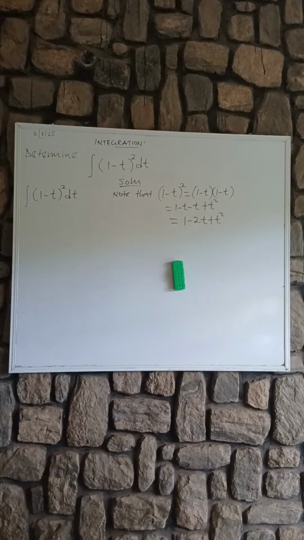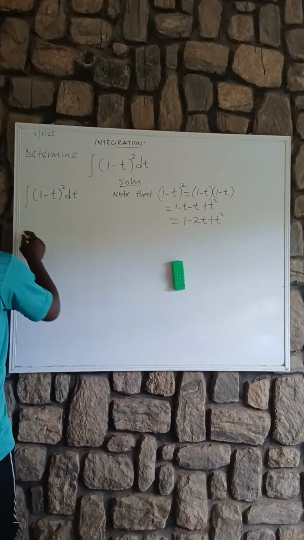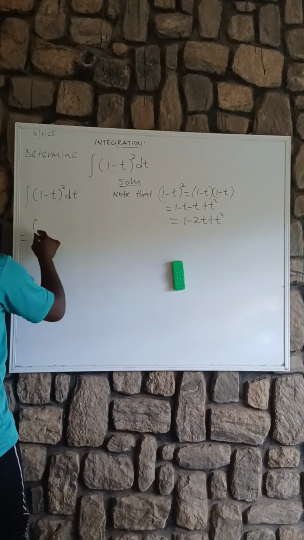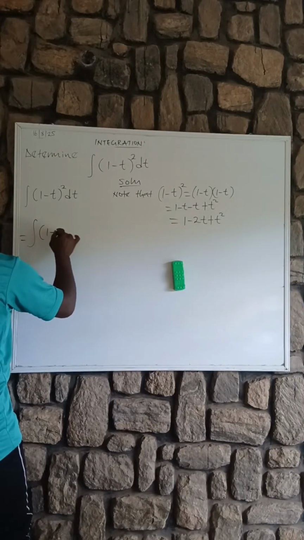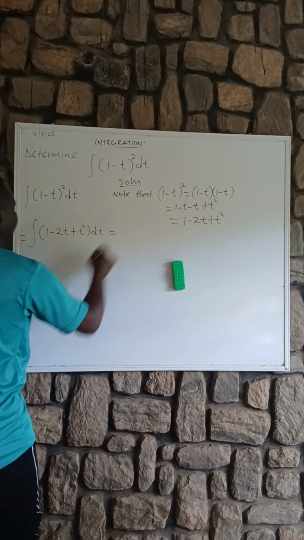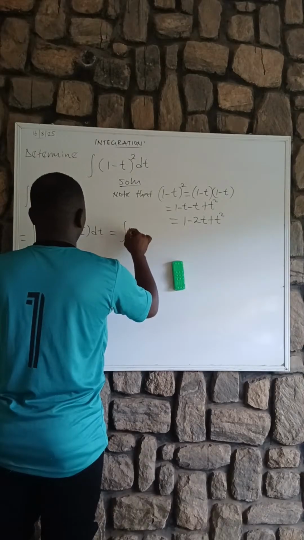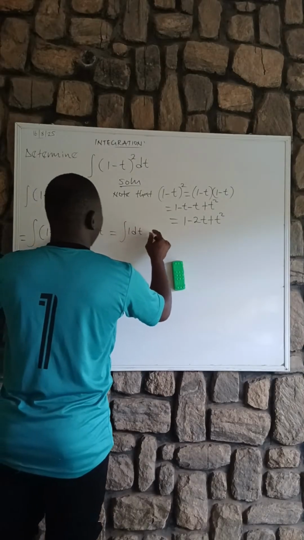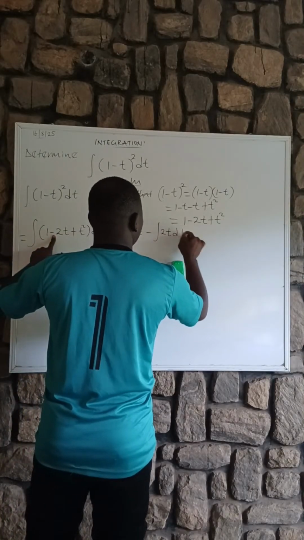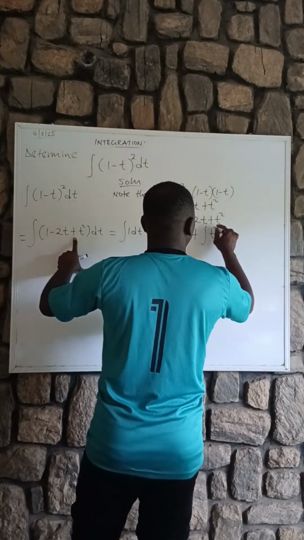Okay. So if you agree with me, this implies that instead of this, we are going to write this. So integral, open bracket, 1 minus 2t plus t squared dt. Then this is equal to the same thing applicable here: integral 1 dt minus integral 2t dt, then plus integral t squared dt.